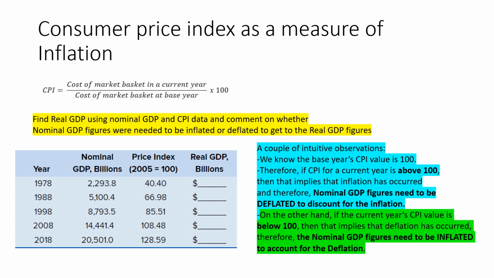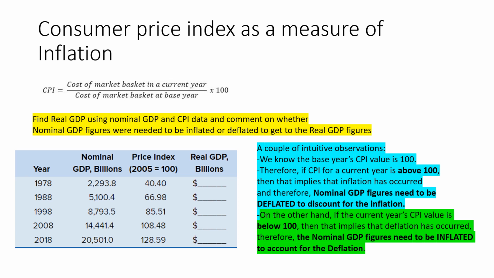That is why the price index relative to 2005's 100 was only 40.40, because things were cheaper in 1978. So the nominal GDP numbers were calculated based on those years when the prices were very low in 1978. But to actually account for how much stuff was really produced, we have to inflate those numbers to adjust for the deflation.